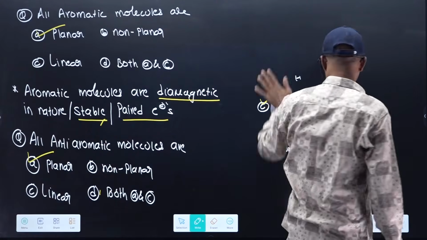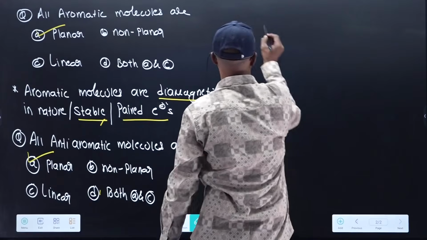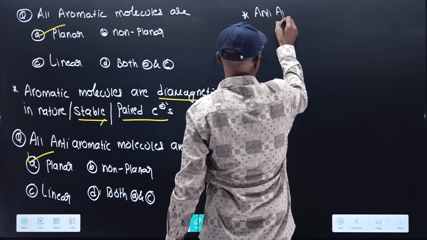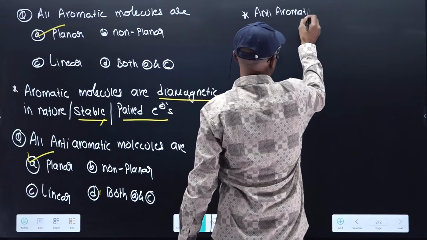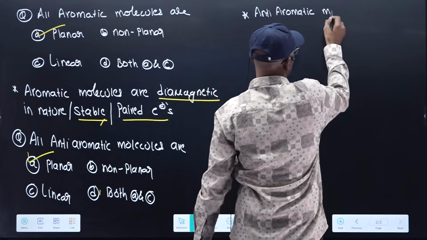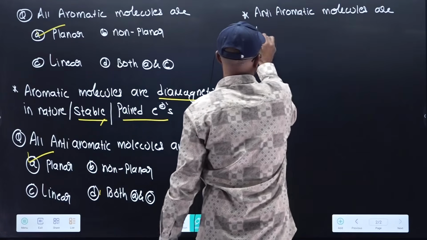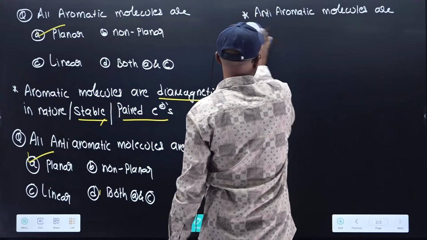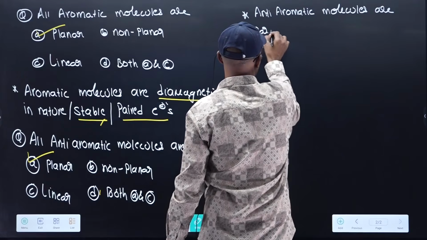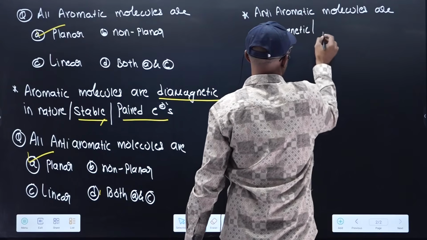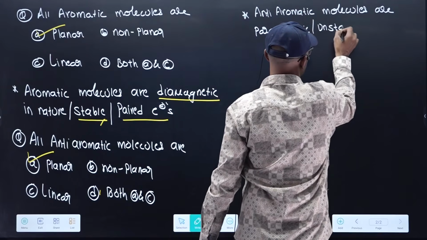So I can say anti-aromatic molecules are paramagnetic. Anti-aromatic molecules are paramagnetic, and this is found to be unstable.